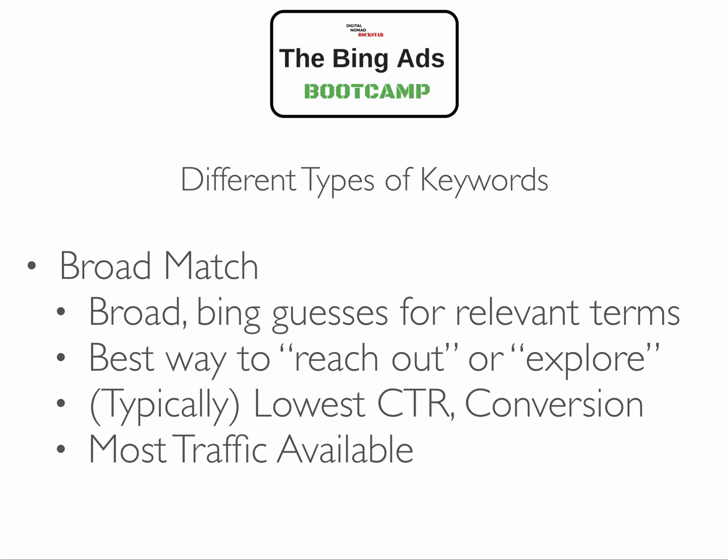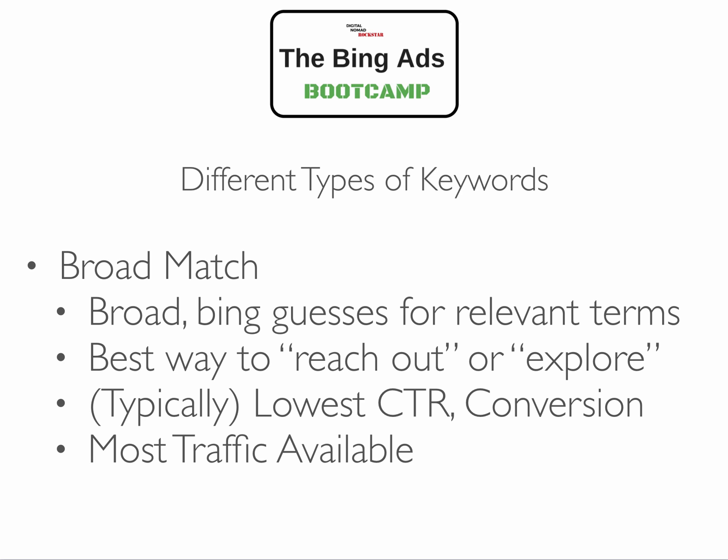Well, Bing uses algorithms and technology to guess. They have this giant index of all the words that people use and how often they use them, and the correlation and crazy algorithms. So they can guess that if you are targeting people who are searching for car parts, you're very likely also going to want to show your ad to someone who searches for auto parts.